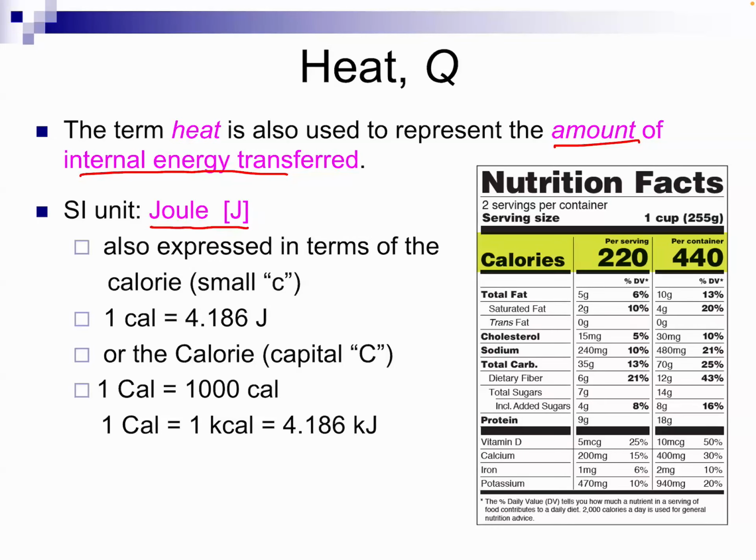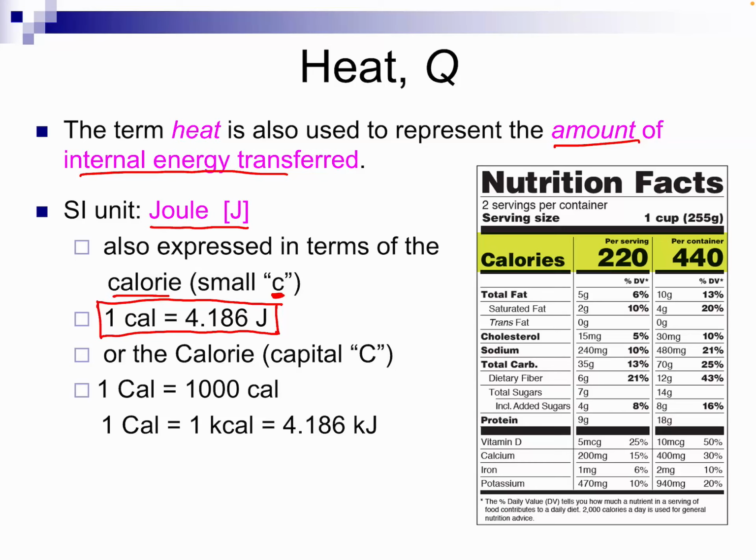There is one other common unit used for heat, which is the calorie. Okay, calorie with a small c, and the conversion factor between calorie, which is the non-SI unit, to joules, which is the SI unit, is given in this slide.